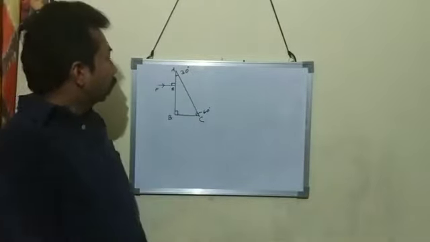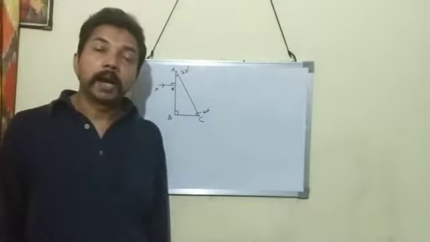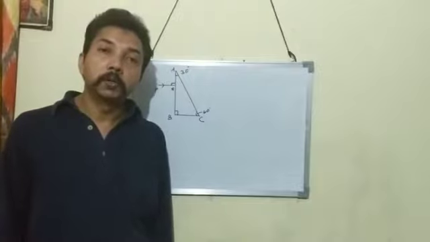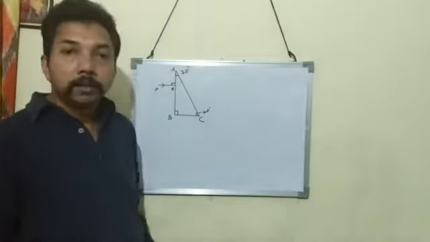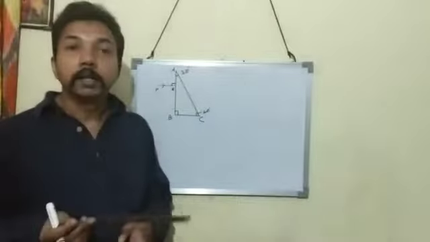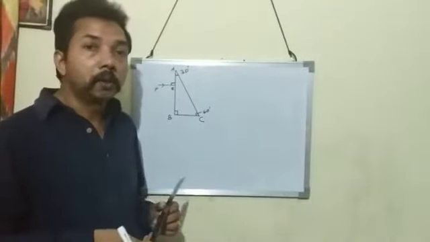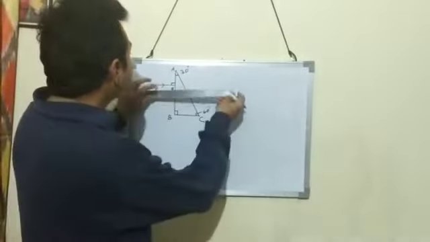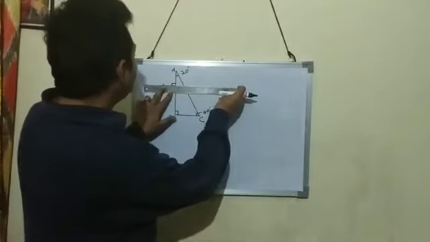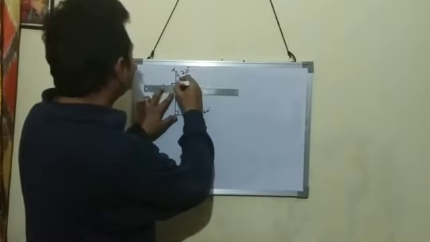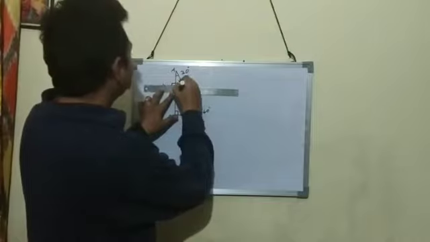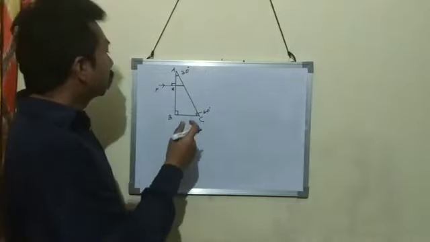So the angle of incidence on AB is equal to 0 degree. Since the ray strikes normally, it passes undeviated.